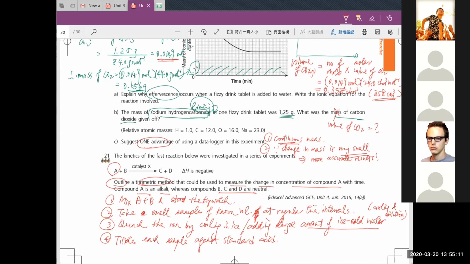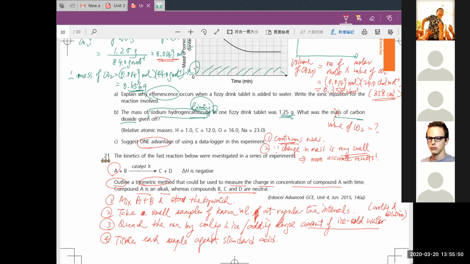If it's an enzyme, you may use some chemical method to deactivate the function of the enzyme, or high temperature, which is one example by which we denature the enzyme. But nothing is stated about the nature of catalyst X. I don't know whether or not it is an enzyme. Not stated.